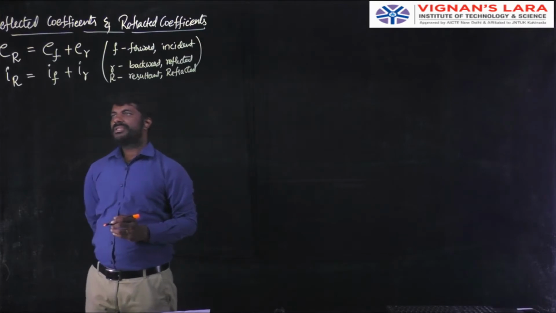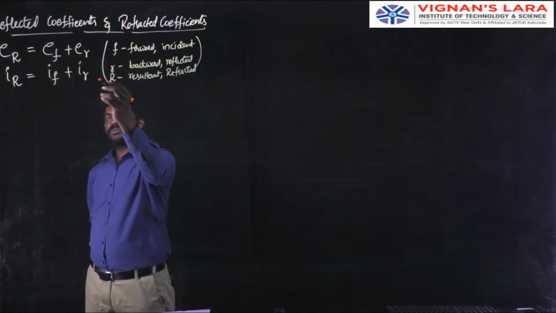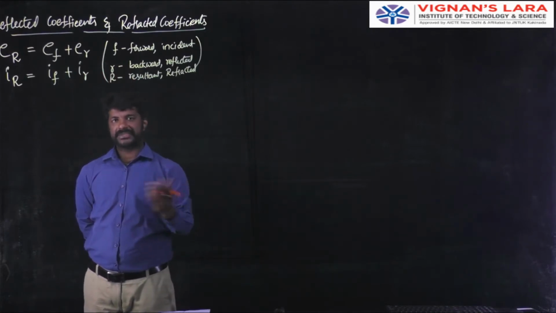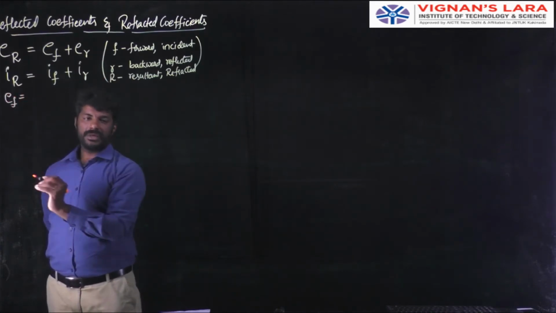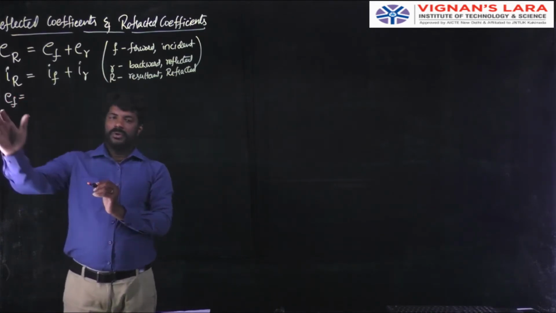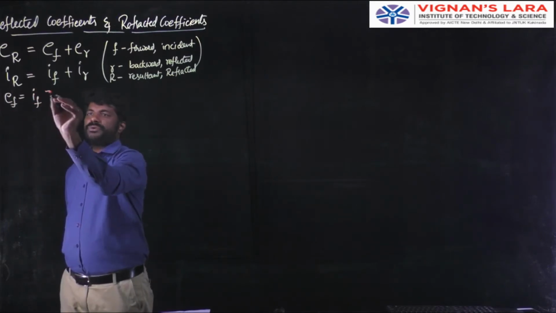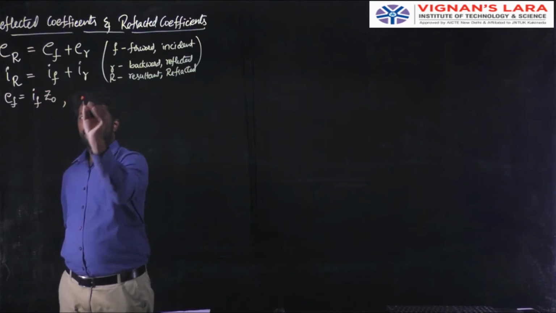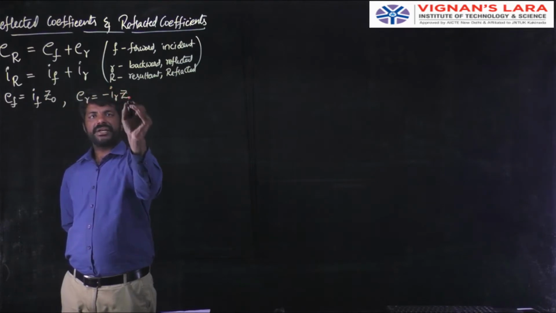Also these voltages and currents, ER, IR, EF, IF, E small r and I small r, can be represented as per Ohm's law against their impedances. EF is equal to IF into Z0, and E small r is equal to minus I small r into Z0.